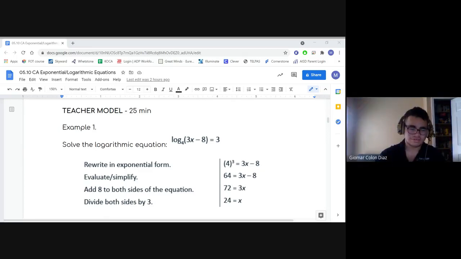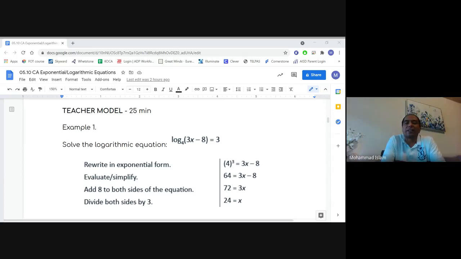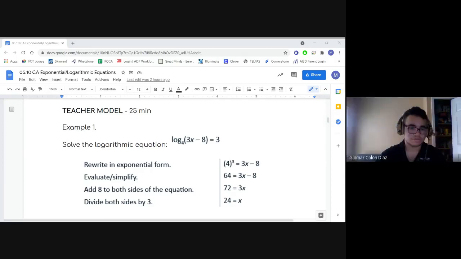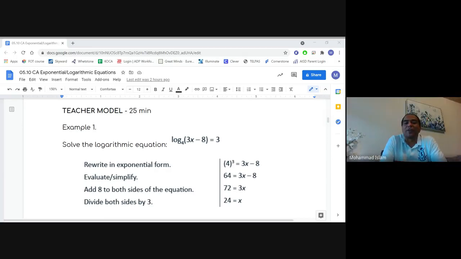If it was log natural, would it be e? It should be e. Very good. Yes, e is Euler's number. So log natural means you have a base of e, and e has a value of 2.718. Okay, very good, Jamar. So these are the few things I just wanted to confirm.